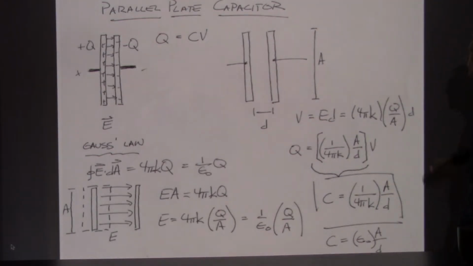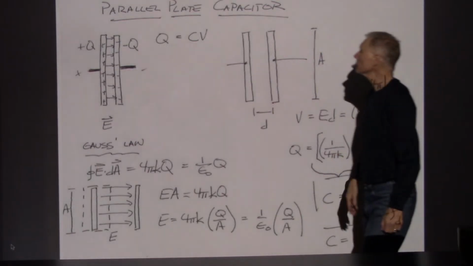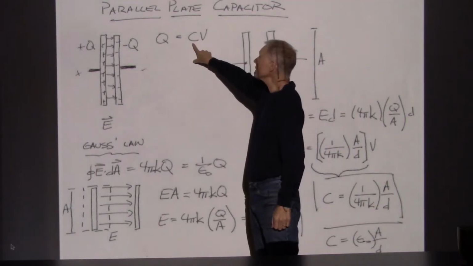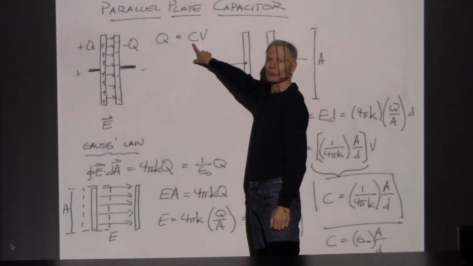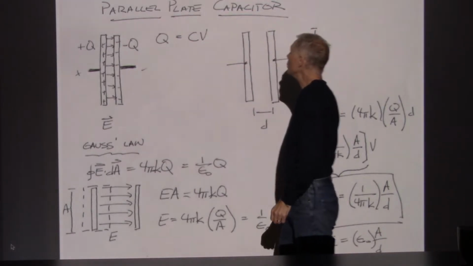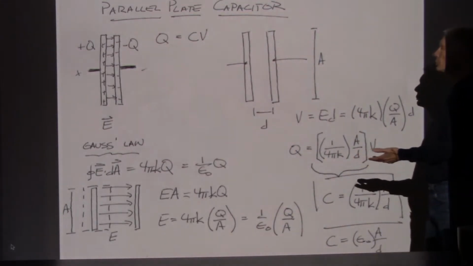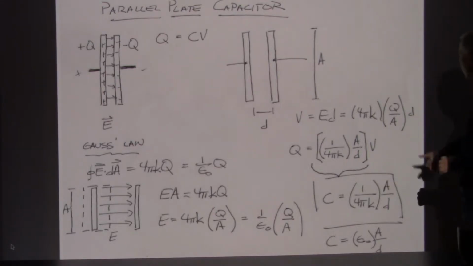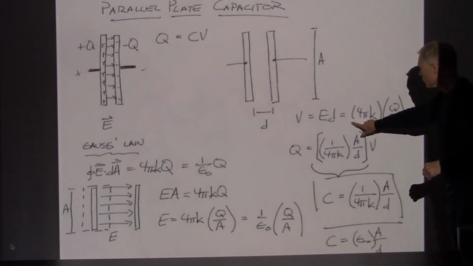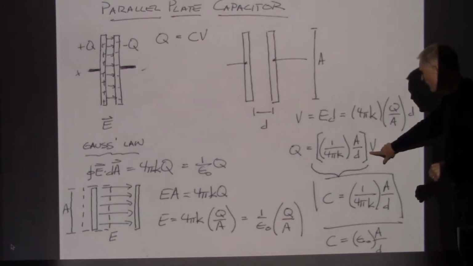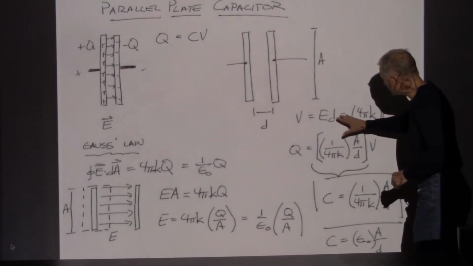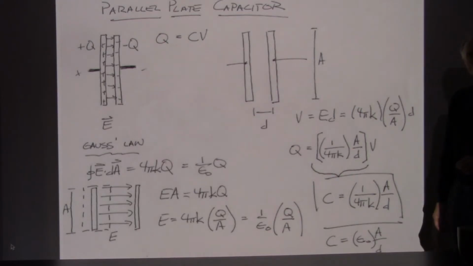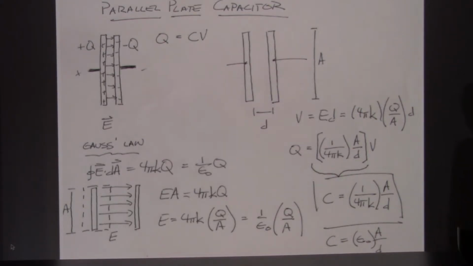What we can do is rearrange everything to make the formula look like this. The charge is equal to a bunch of stuff times the voltage. I'm going to take this equation and write that down. All the stuff inside here is what's determining the capacitance of my capacitor.